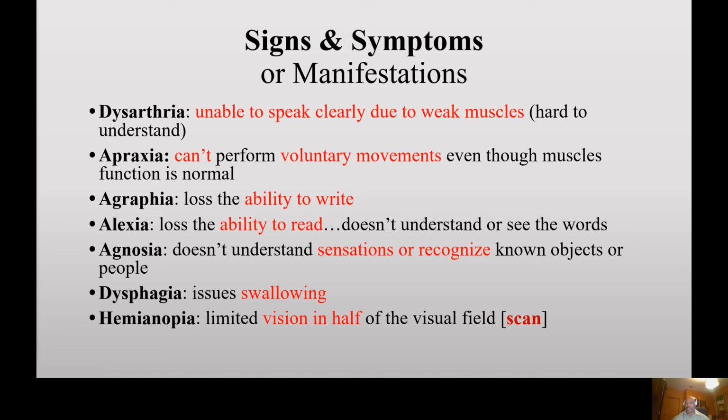Impairment may affect how they pronounce the words, their articulation, as well as phonation. Dysarthria does not affect the meaning of communication or the comprehension of language, but it does affect the mechanics of speech.